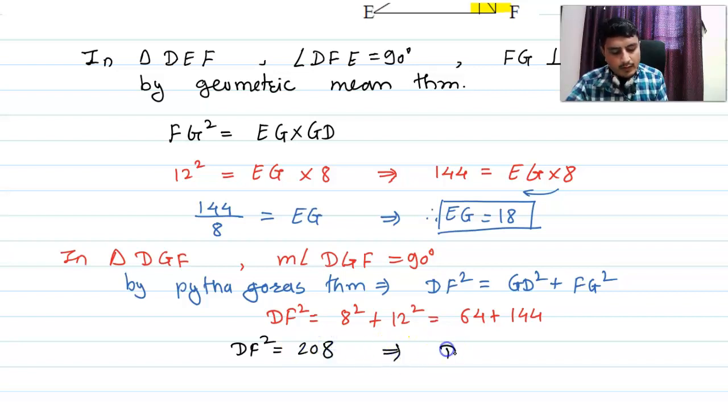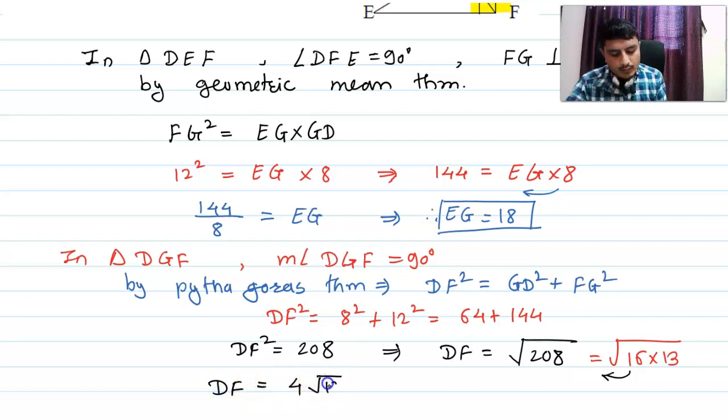Now to evaluate DF, taking square root on both sides, square root of DF square is DF, which equals square root of 208. We can write 208 as 16 into 13. Taking 16 outside the square root, square root of 16 is 4, into root 13 as it is. Therefore the value of DF is 4 root 13.